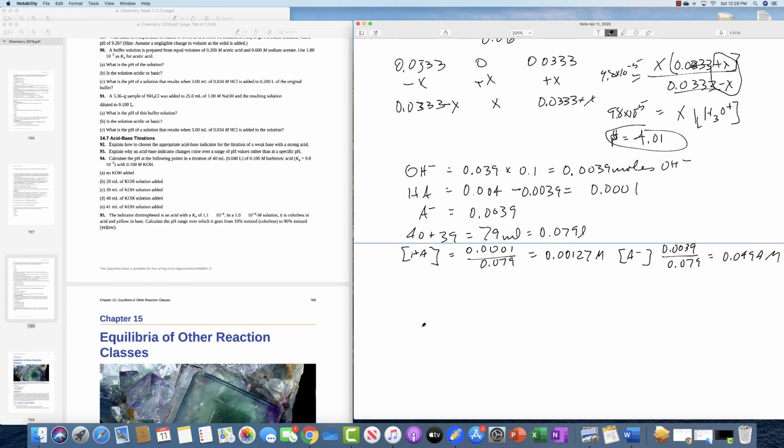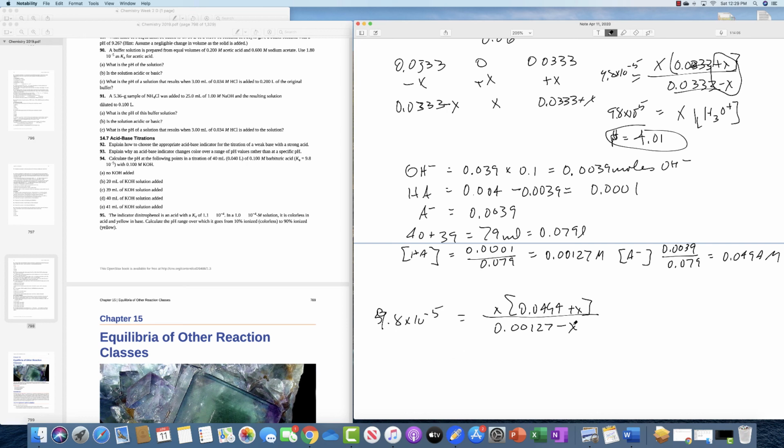So here, instead of this factor, you're going to have this number minus x. So it's going to be 0.00127 minus x. And on the numerator, you're going to have x for the hydrogen ion concentration, and you're going to have 0.0494 plus x in the numerator, and this is going to equal 9.8 times 10 to the minus 5.